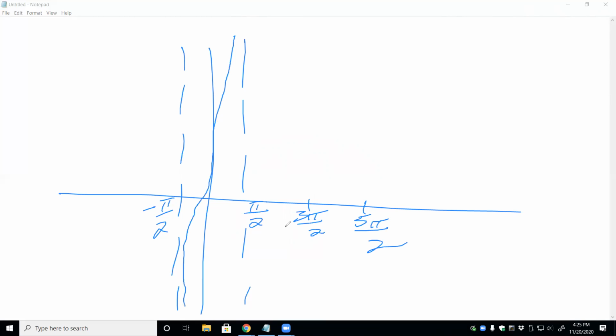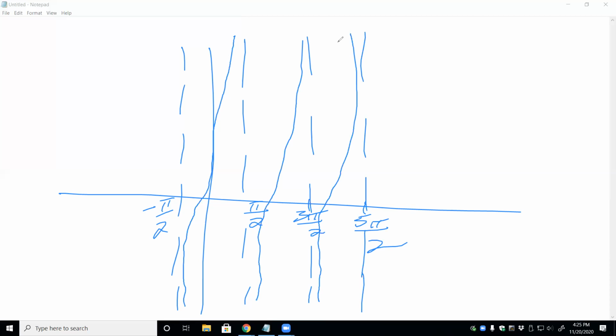There's one complete cycle of tangent, and you'll notice that it's pi long. If I go to my next asymptote, it just repeats every pi. And the same with cotangent. The natural period of secant and cosecant is the same as the natural period of sine and cosine, which is 2 pi.